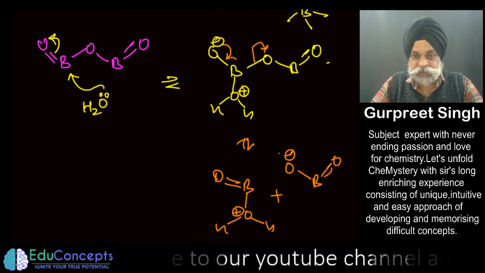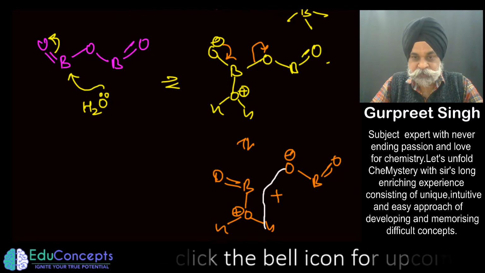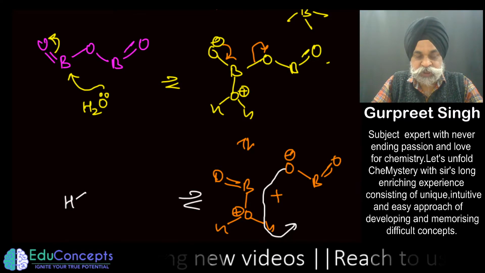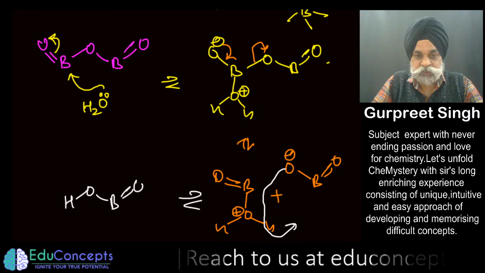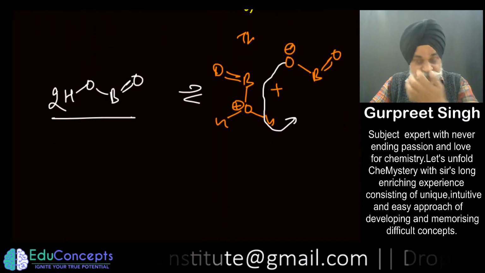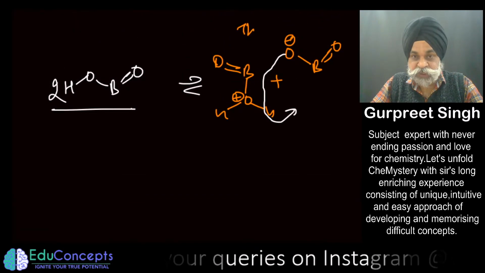This negative charge now would abstract this H positive from here. So what you would end up getting is HOBO, 2 moles of this. This is the metaboric acid which we get. This is the mechanistic viewpoint which we should know.